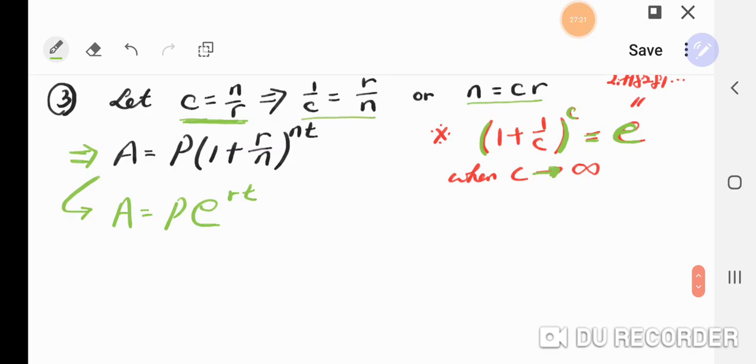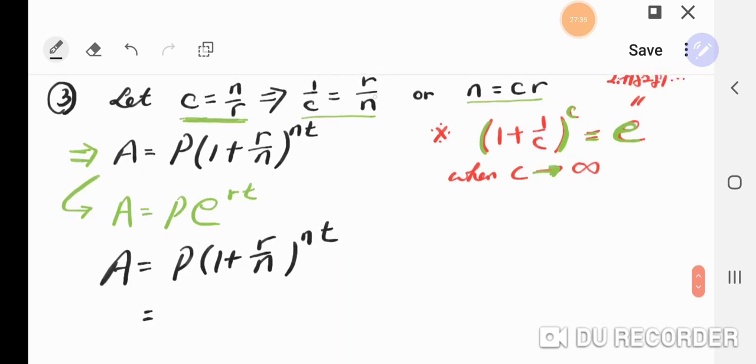Then from this, let's replace in the equation. Here, A is equal to P times 1 plus r over n raised to the nt. We just found that r over n can be written as 1 over c.